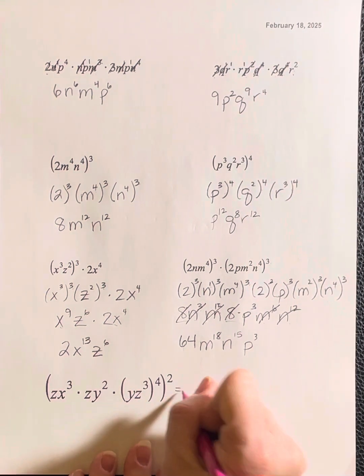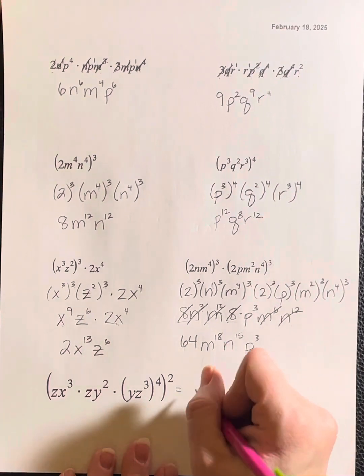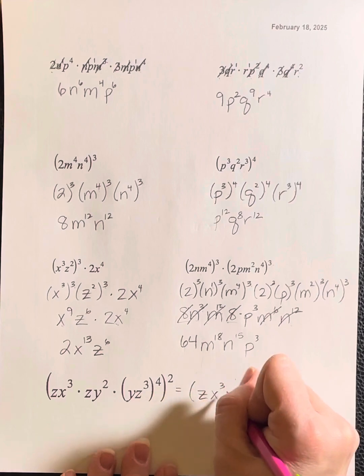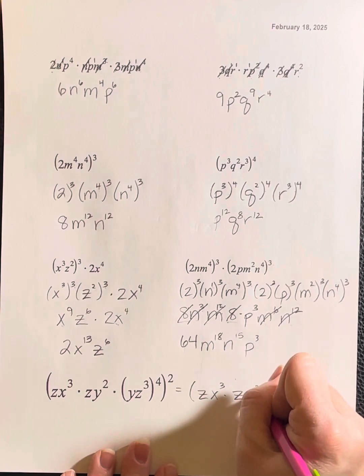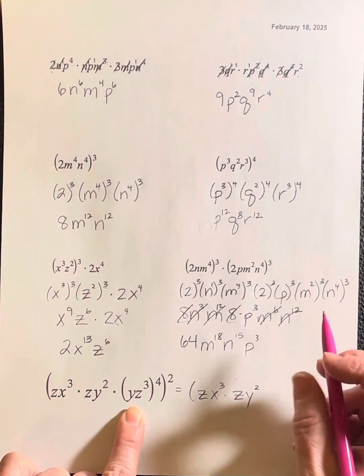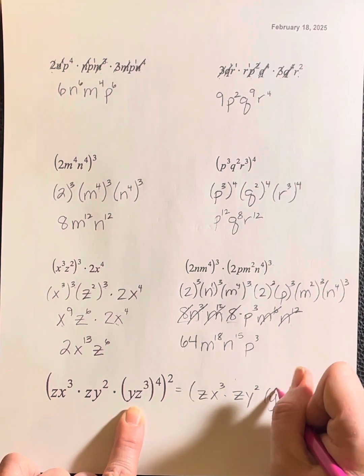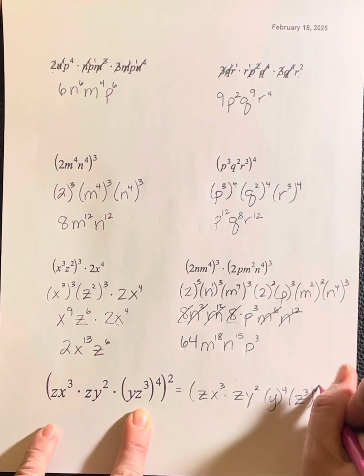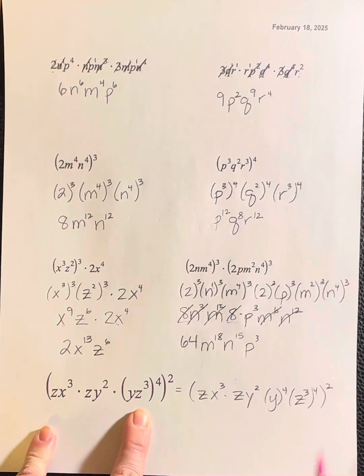So I'm going to start here, and I'm going to say, okay, I have this z x cubed, z y squared, and then this is going to be a y to the 4th and a z cubed to the 4th. And then all that's still squared.